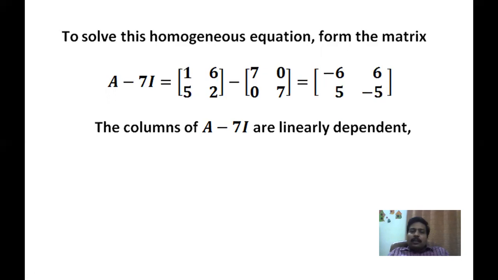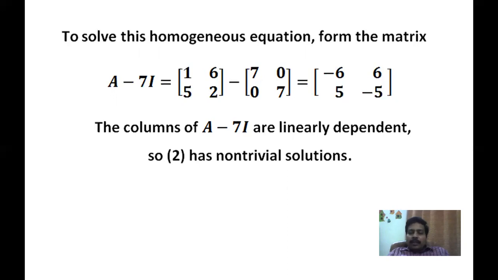Whenever the columns of the matrix are linearly dependent, we can find a non-trivial solution. If this is converted into echelon form, the second row will be zeros, and the dimension of null A is not equal to 0. So it is more than 0. In this case, it is 1, of course.